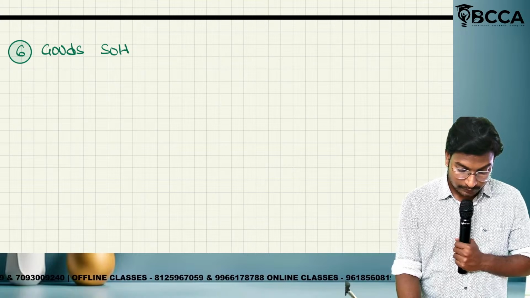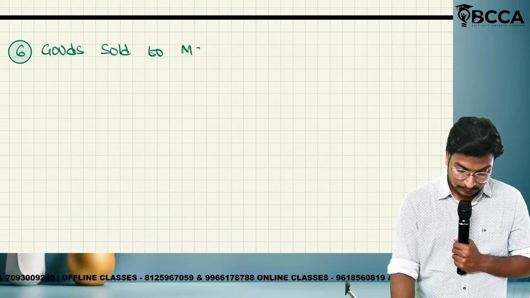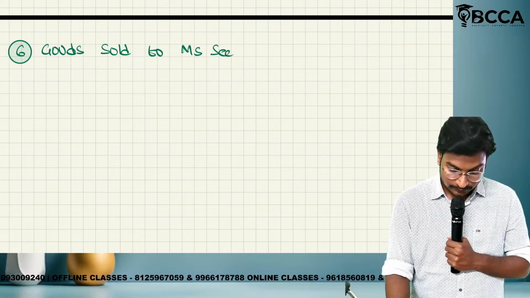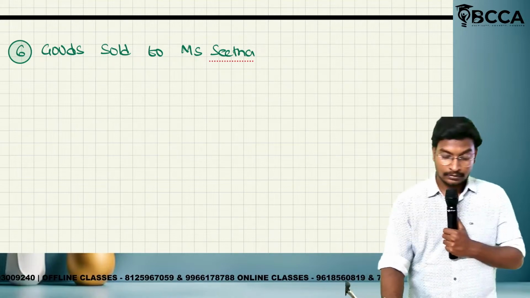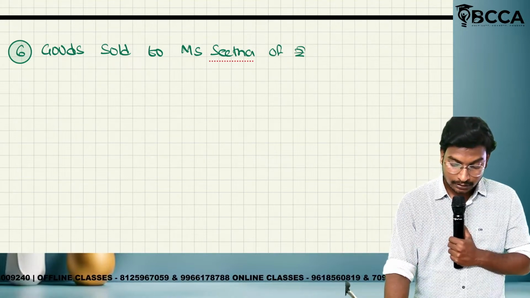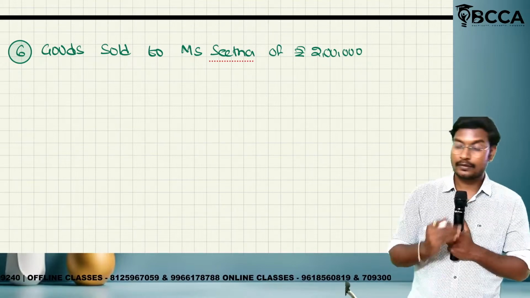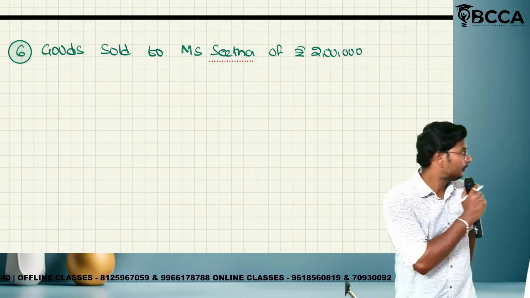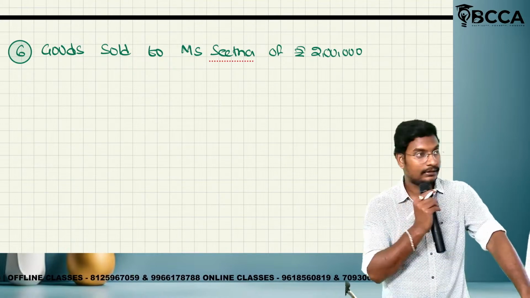Goods sold to Miss Sita of rupees 2 lakhs. Goods sold to Miss Sita of rupees how much? 2 lakhs. So whether this is a cash or credit transaction?